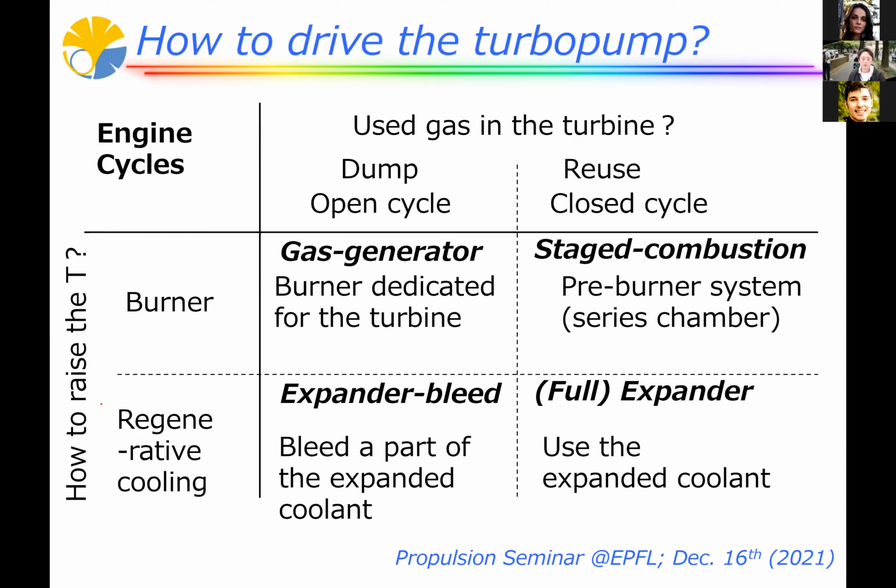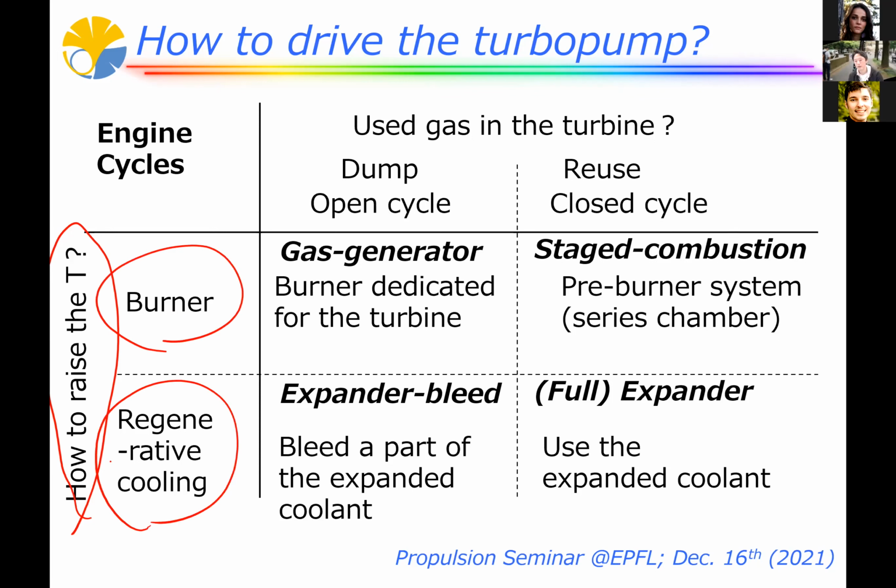And by using these fuel and oxidizer, the next point is how we drive the turbo pump. So how we generate a high pressure, high temperature gas to drive the turbine. And there are two popular methods. The first one is a burner, and another one is to use regenerative cooling.